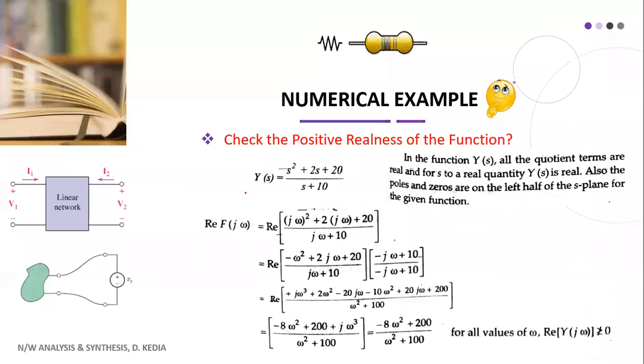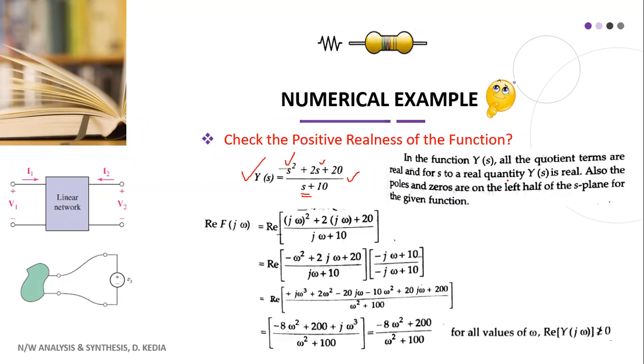This is another numerical where we have been given some Y(s), which is equal to (s square plus 2s plus 20) divided by (s plus 10). So as I told you, our job will be first to determine whether f(s) will be real or not for s real. You can see here that if you substitute a real value for s, your Y(s) will also be real.